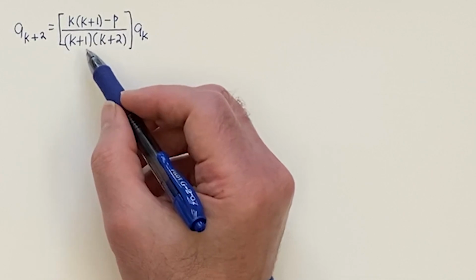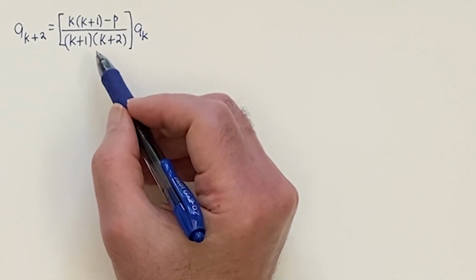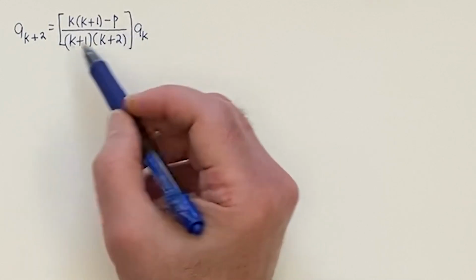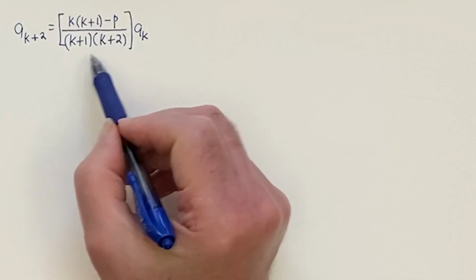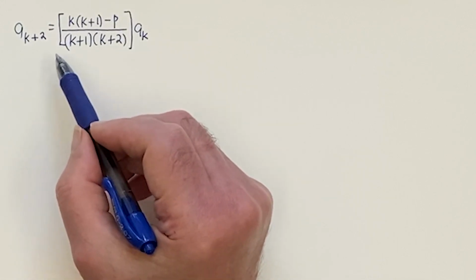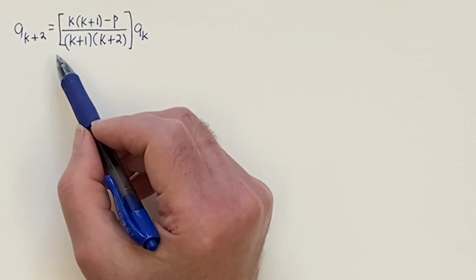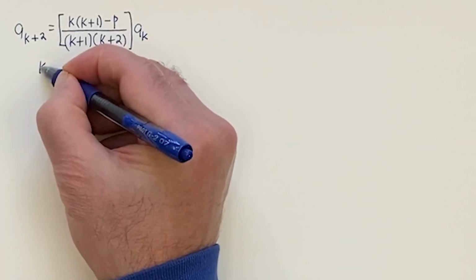So now at this recursive relation, we see that the a sub k's will run wild. They'll go on forever unless at some point, at some maximum k value, that numerator will become 0.